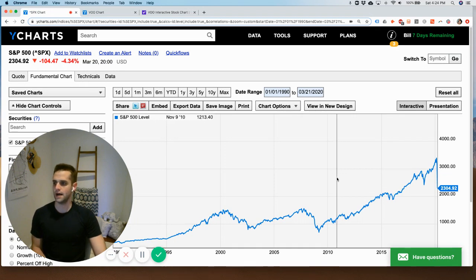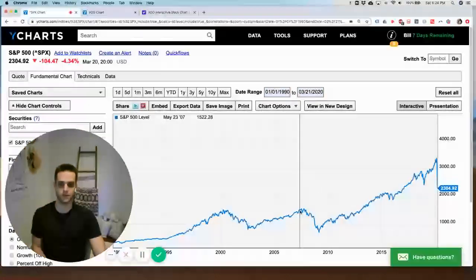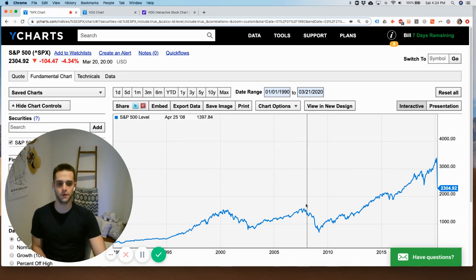Then the next phase is the real estate crash. What happened was in 2007, around October 11th, 2007, the stock market got back up to 1554-ish.